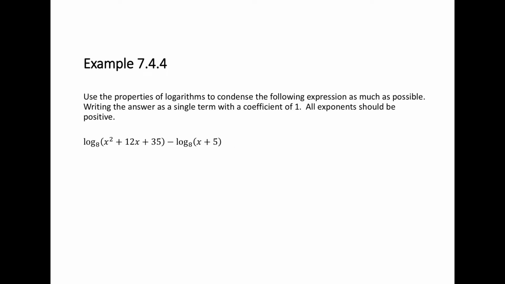So what I'm going to do is I'm going to go log base 8 of the fraction x squared plus 12x plus 35 over x plus 5. We did the quotient rule in reverse since this was a minus. This is the numerator, and the one that's being subtracted goes on the bottom.